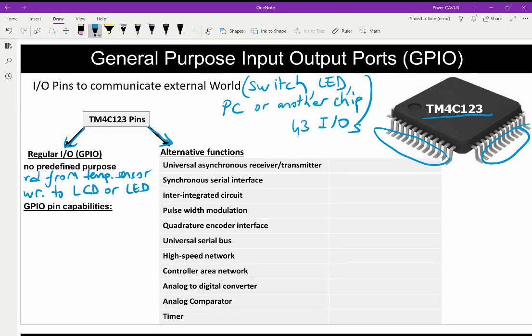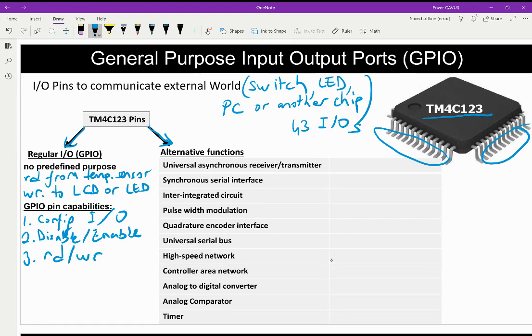These GPIO pins have some capabilities, so we can configure them as an input or output. We can disable or enable them, or we can read or write to these pins.